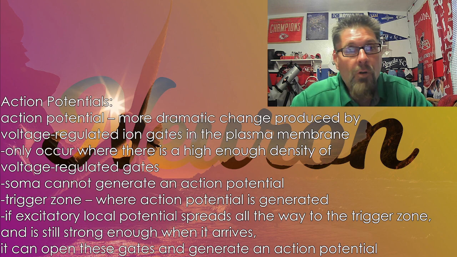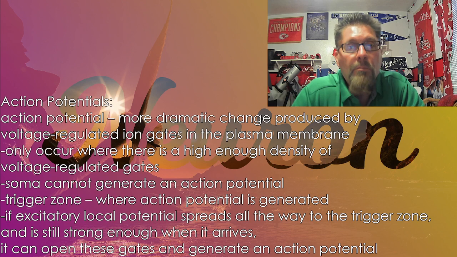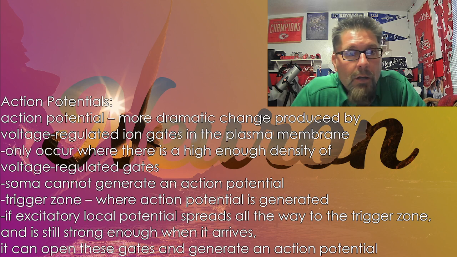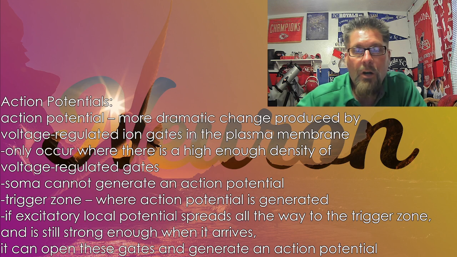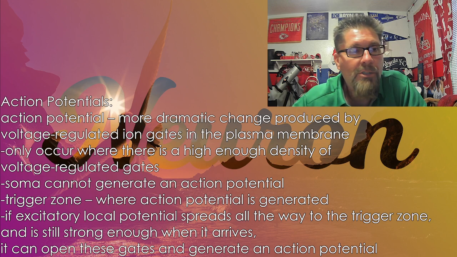Okay, these are stronger stimulated parts, and when we look at the characteristics, it's an all or nothing, but anyway, they're much stronger, but they start at the trigger zone, which again is that section at the bottom of the soma.